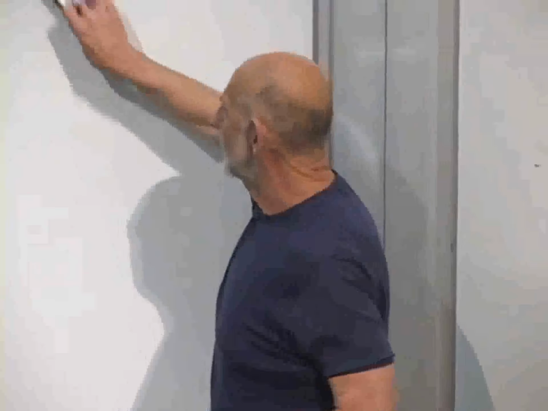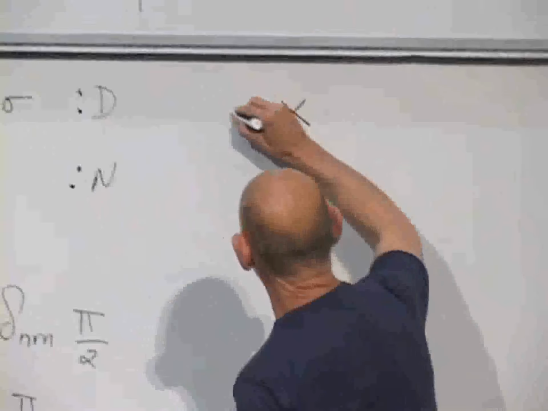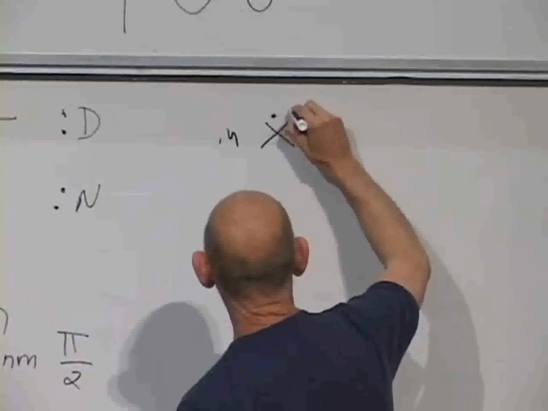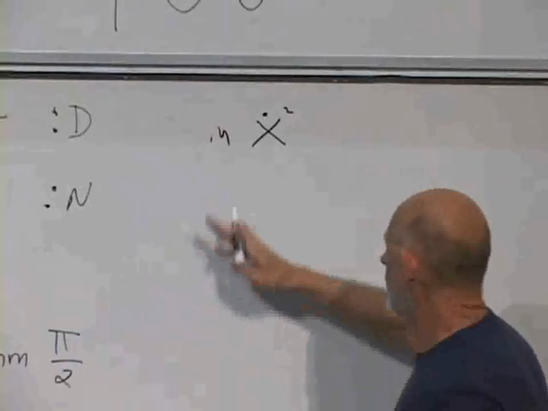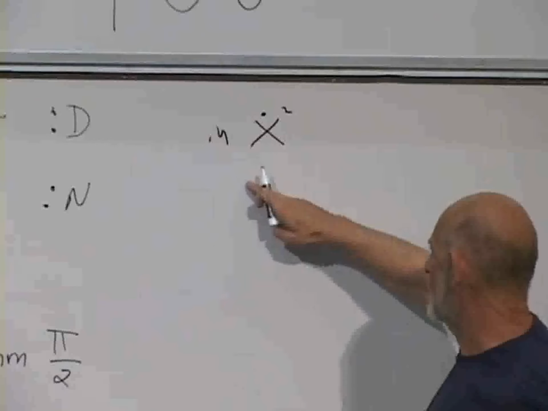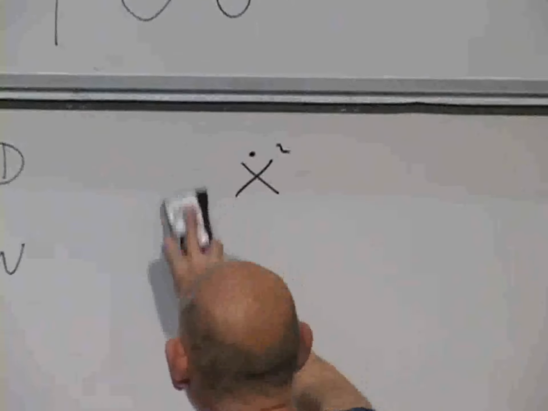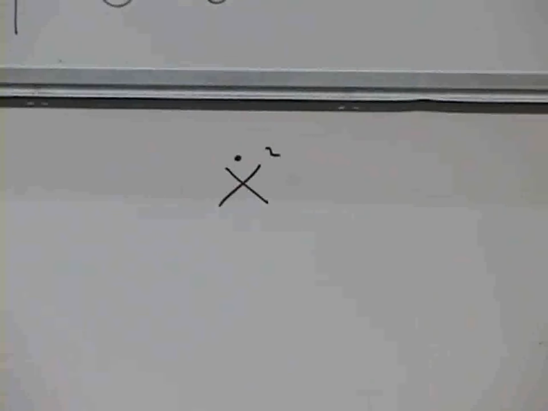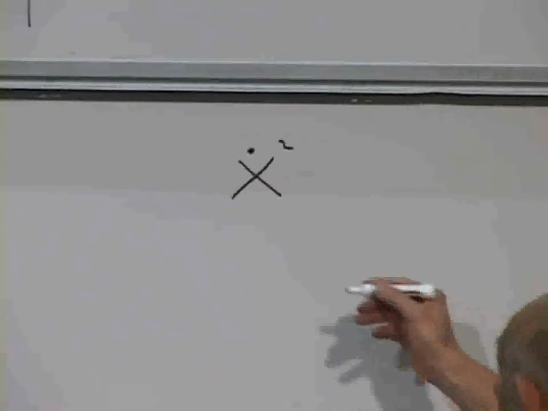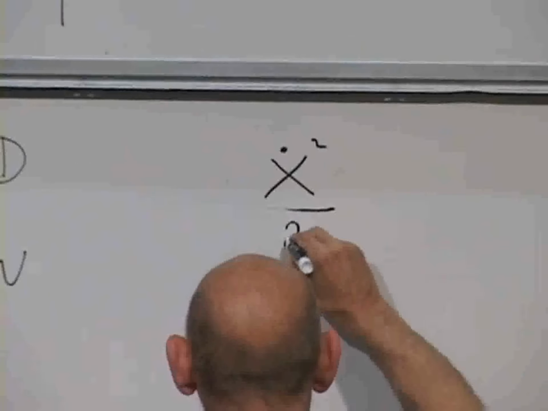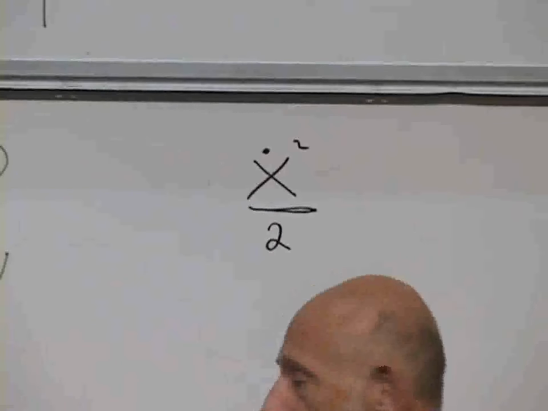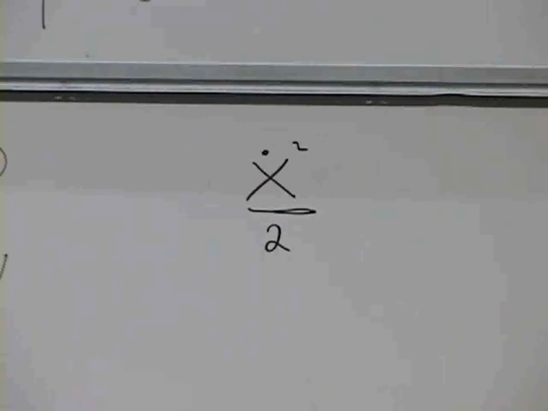You can always rescale things. You can rescale a coordinate so that m x dot squared is just, you take the m and you take the square root of it, you absorb it in here, and you rescale x. You can always choose units so that the kinetic energy is x dot squared over 2. It's conventional to put a 2 there. That's the kinetic energy of a point mass.